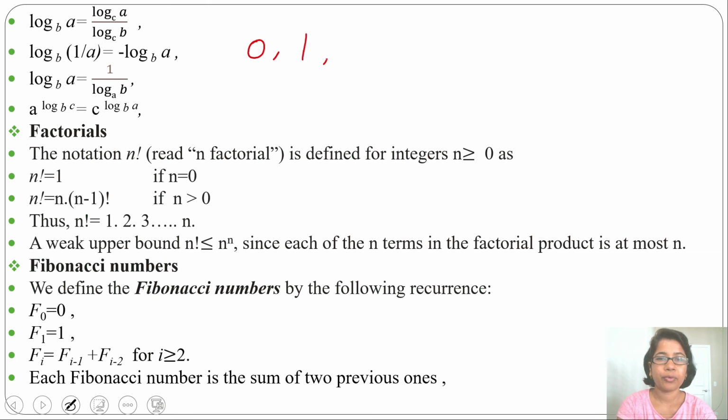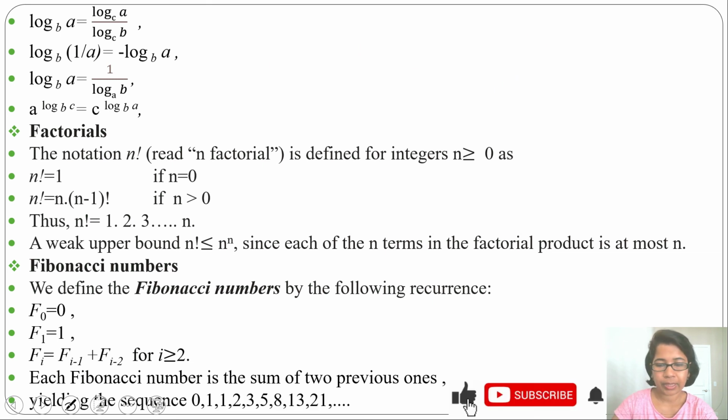Next, f of 2 will be the sum of these two, it will be 1. F of 3 is the sum of f of 2 and f of 1, it will be 2. Then f of 4 will be 3. Then f of 5 will be 5. F of 6 will be 8, like this. So this sequence is the Fibonacci numbers.